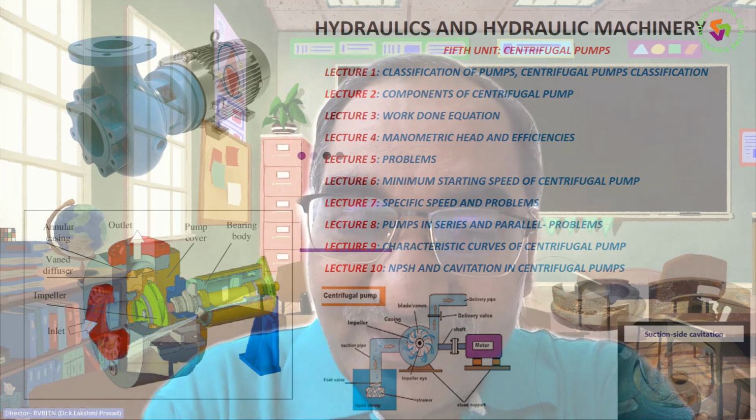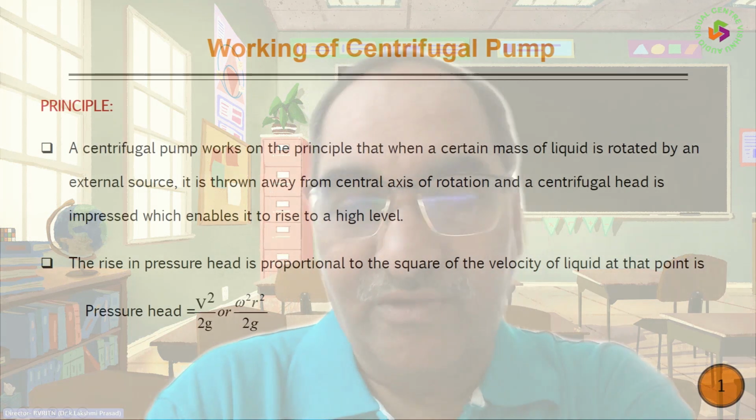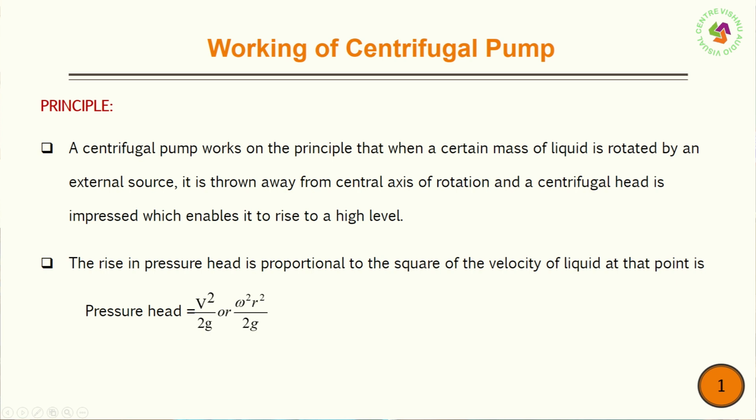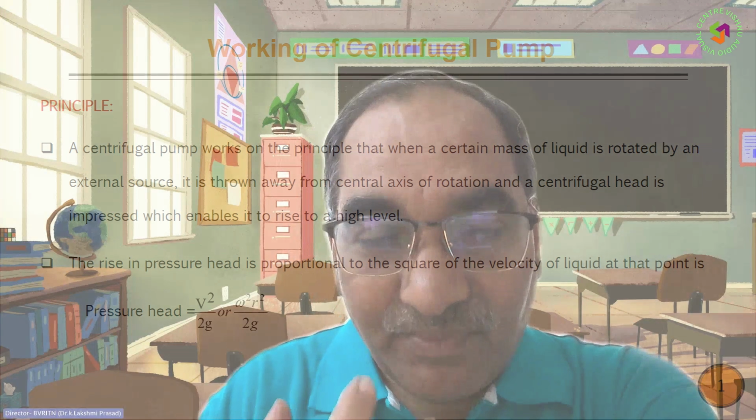Please remember, in case of a centrifugal pump, work is done by the impeller on water. The impeller is already rotating because of the electrical motor and it possesses some energy.